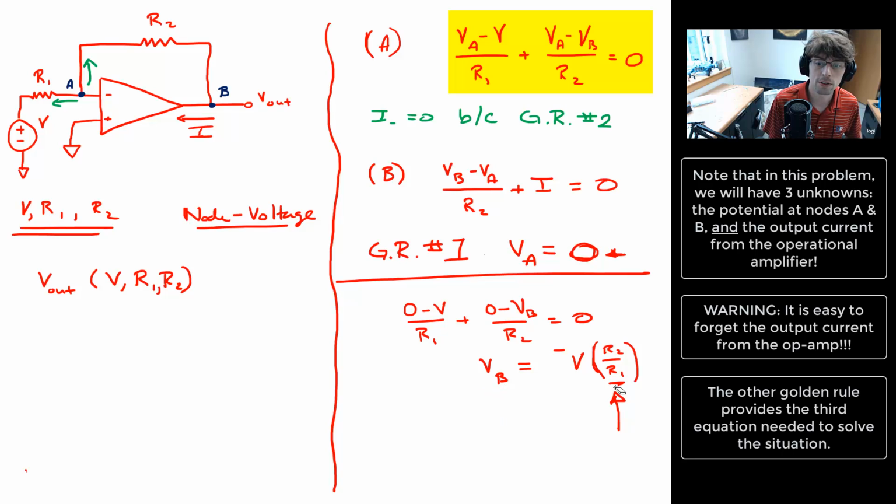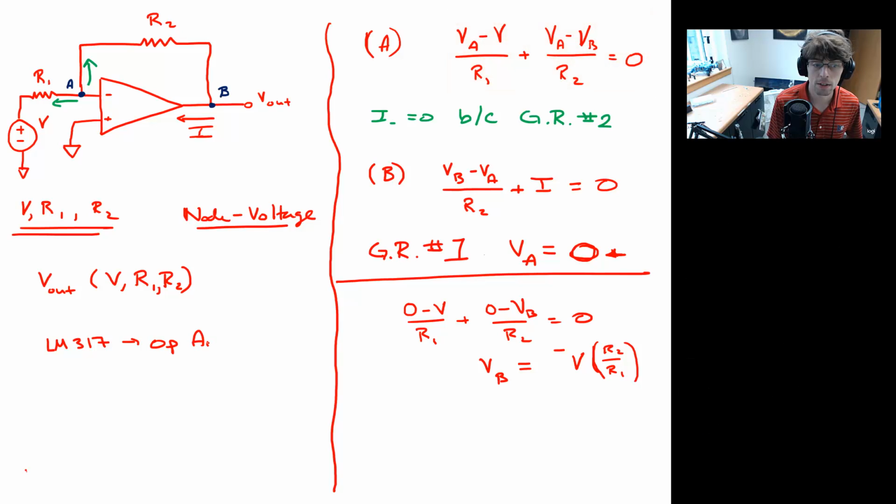You've played around with a circuit element in lab where you control the resistors and you get control over the output potential, or if you prefer, the output current. This is some of the function of your LM317 device. If I'm not mistaken, there are some op amps inside of that device. So that's kind of the idea of what's going on underneath the hood.